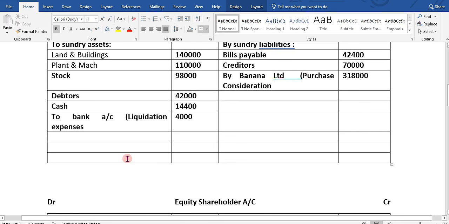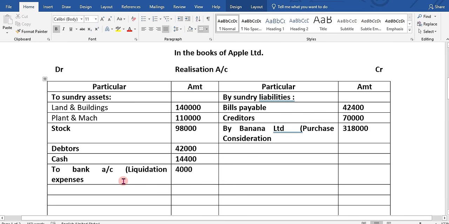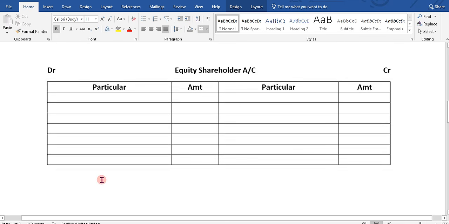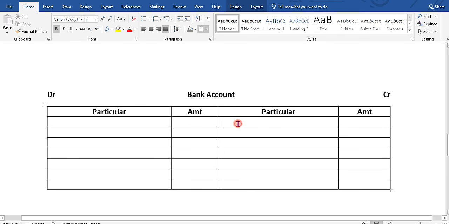Now the first effect of liquidation expenses we have written down in the realization debit side. The second effect will come in the bank account, by realization account.